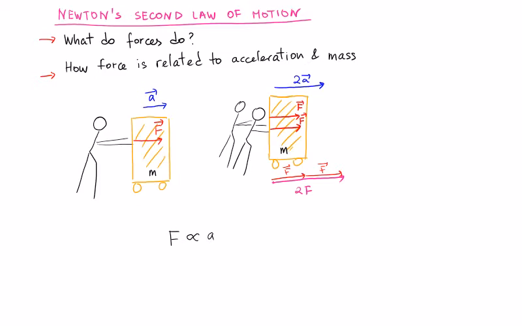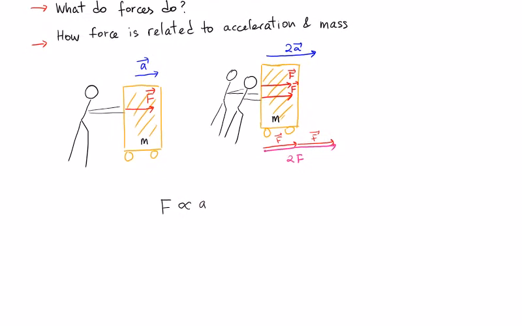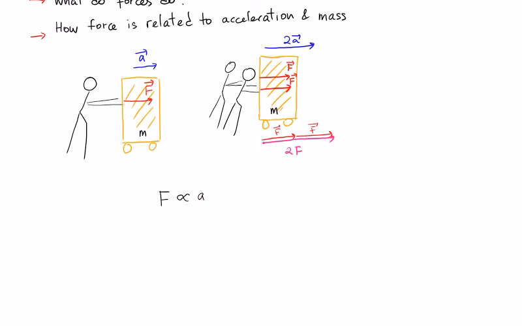Now let's repeat this experiment by keeping the force the same, but adding mass, and see how the force and the mass are related. In this case, I'm going to have one person only pushing the crate, but having double the mass of the crate.